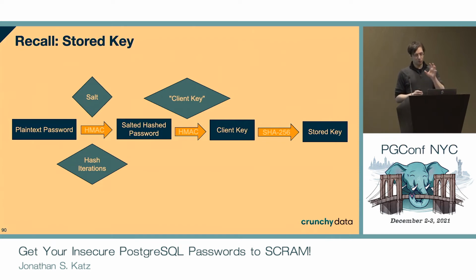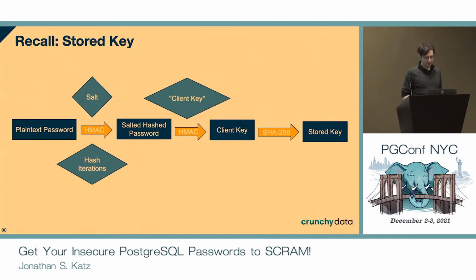Now, one could say, we could pause right here and say, oh, all we're doing is generating that stored key and sending it up to Postgres, and then Postgres is going to verify and say we're done? No, because if we did that, we're no better than any of the other methods, because if you just send up that stored key, that's effectively the password, and that's not the case here.